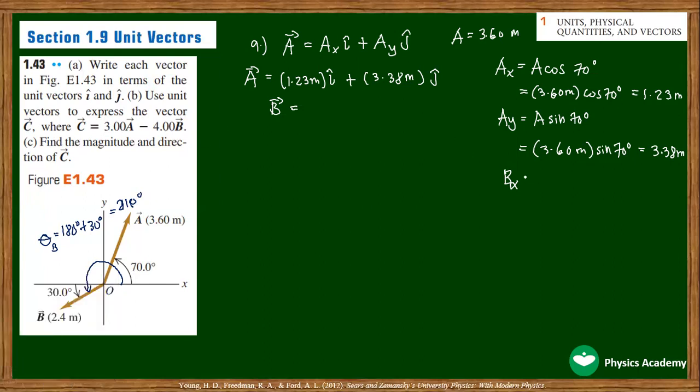So for your x component, using this angle of 210 degrees, you write cosine for x and sine for y component.